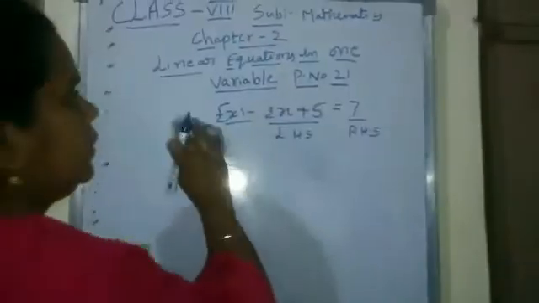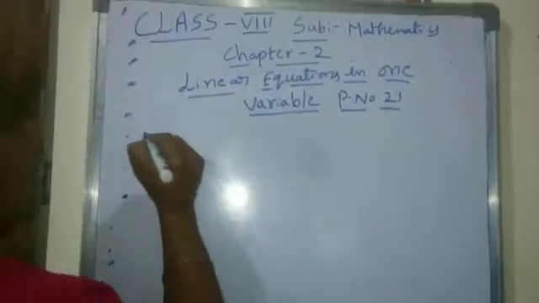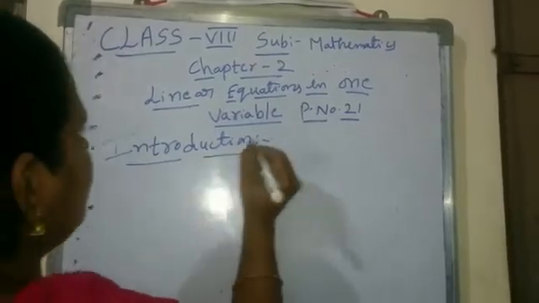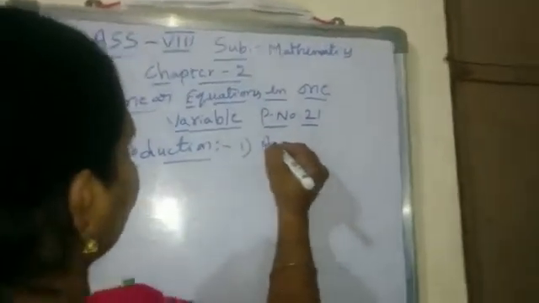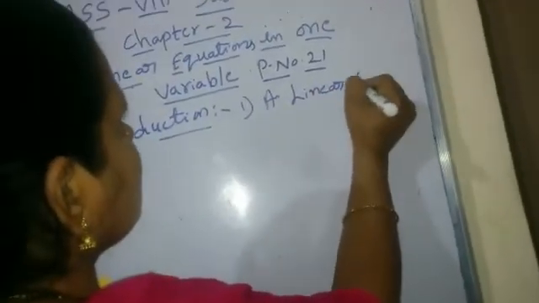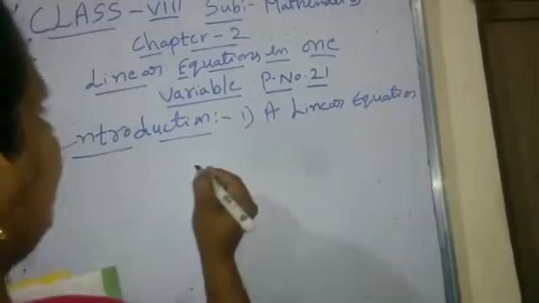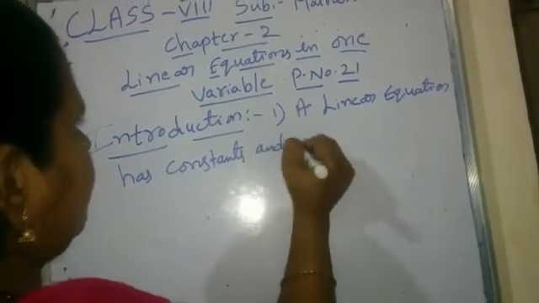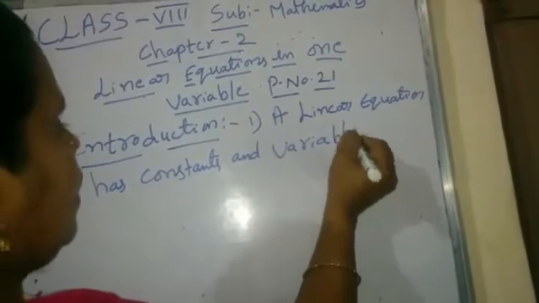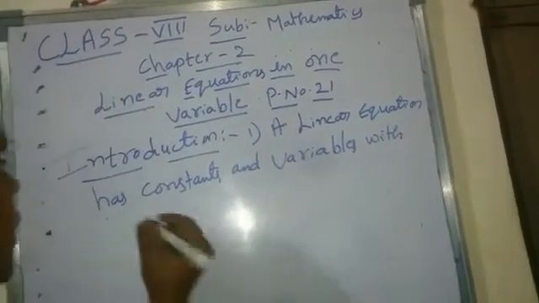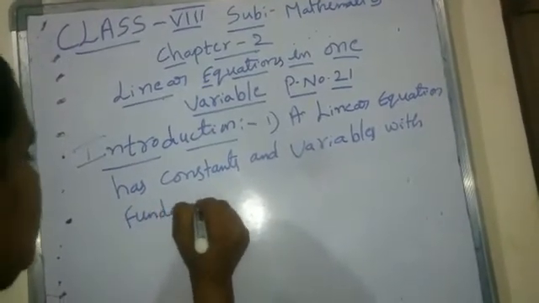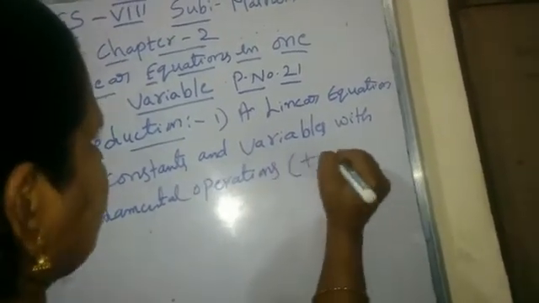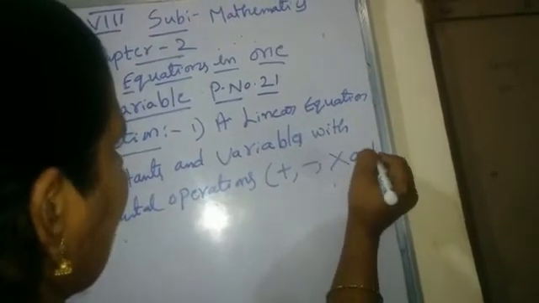Write the first point: a linear equation has constants and variables with fundamental operations, addition, subtraction, multiplication and division.